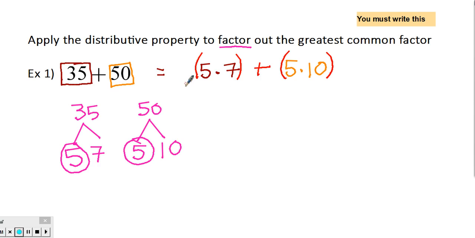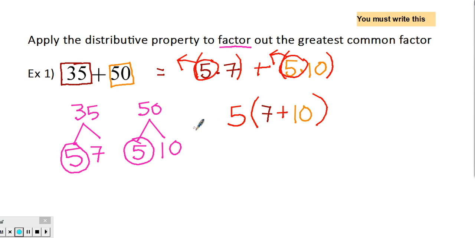Now, if I want to factor out the greatest common factor, I want to factor out the 5, because this is a number they have in common. So let's factor out the 5. Let's take it out. So what I'm really doing is I am doing distributive property backwards. So if I factor out 5, then this is going to be 5 times, you're just left with 7, and you're left with 10, but you're adding them, so you need a plus sign in between.